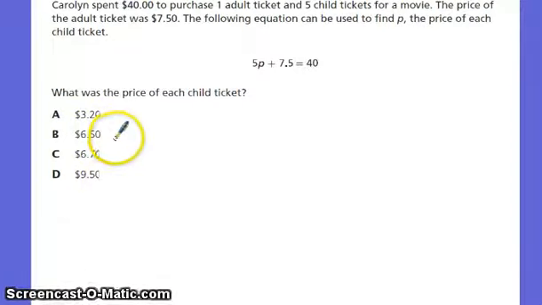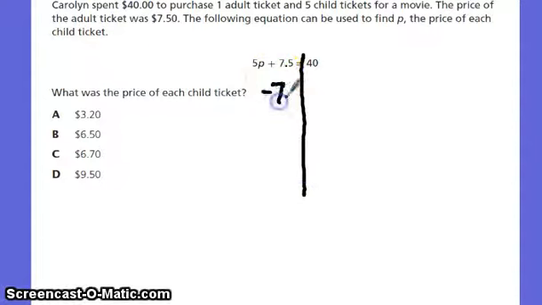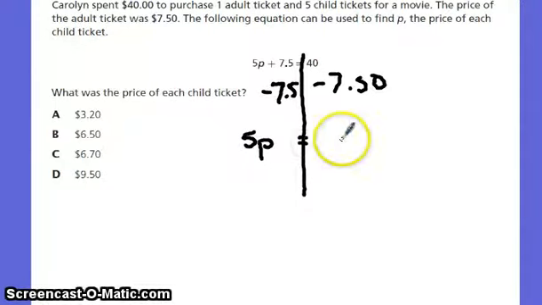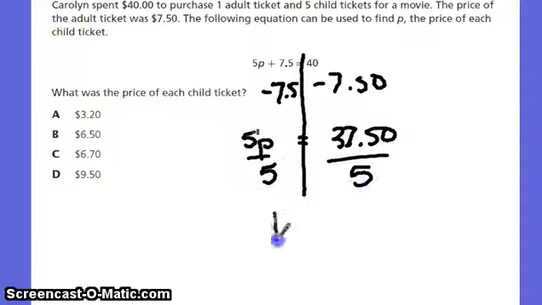Carolyn spent $40 to purchase one adult ticket and 5 child tickets for a movie. The price of the adult ticket was $7.50. The following equation can be used to find P, the price of each child ticket. We got to actually solve this one. They've already written the equation for you, so I'm going to subtract $7.50 from both sides. We're going to have 5P remaining over here. We're going to have $37.50 remaining here. Divide both sides by 5.